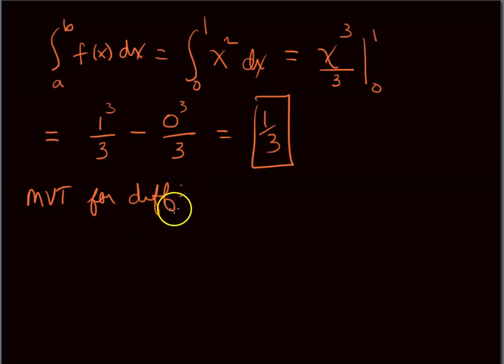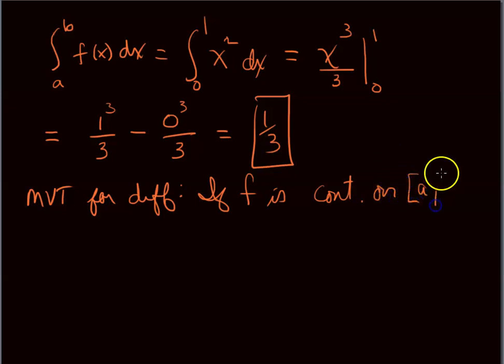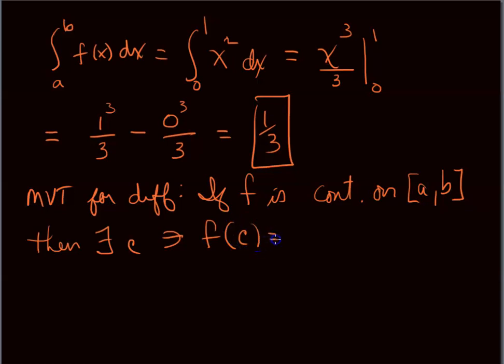Remember that says if this function f is continuous on the closed interval from a to b, then there exists c such that f prime of c equals the slope, f of b minus f of a over b minus a.